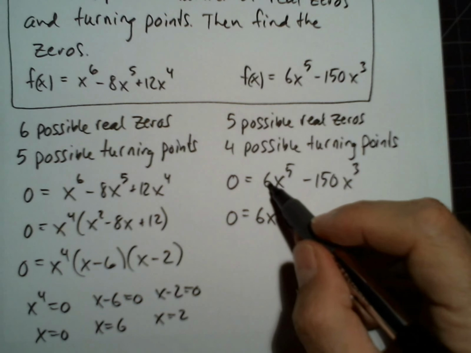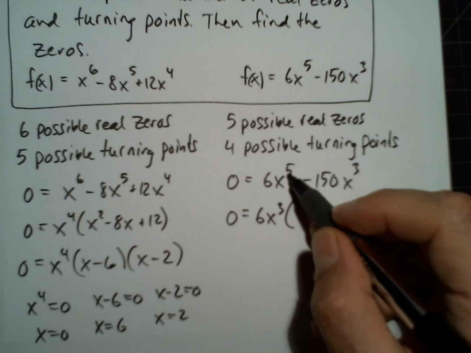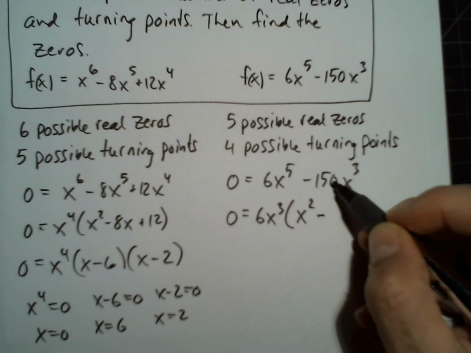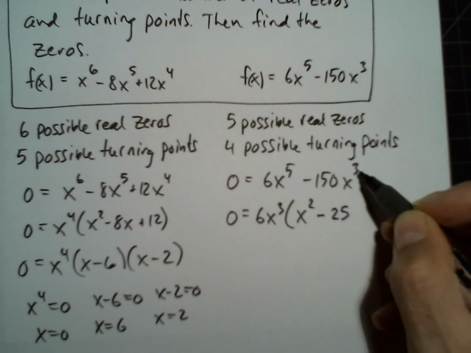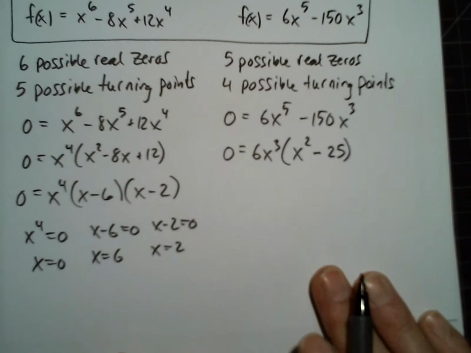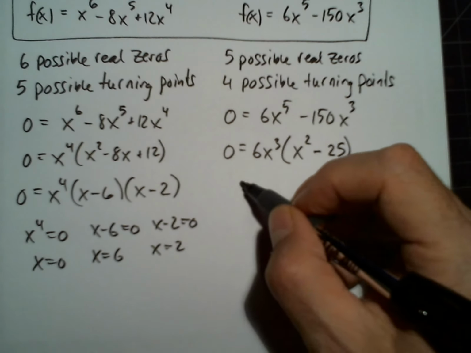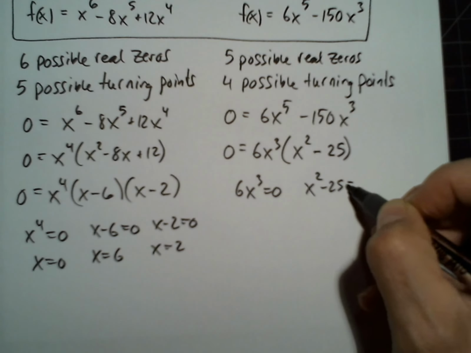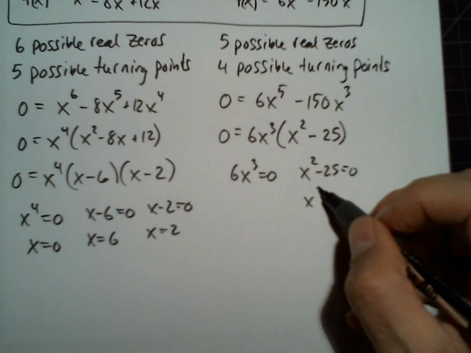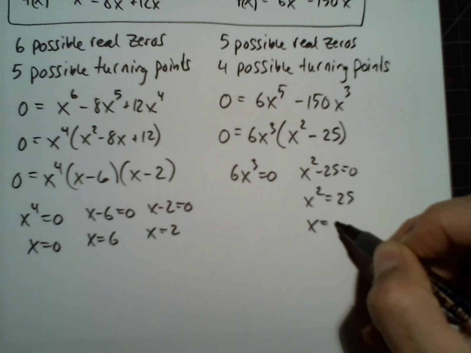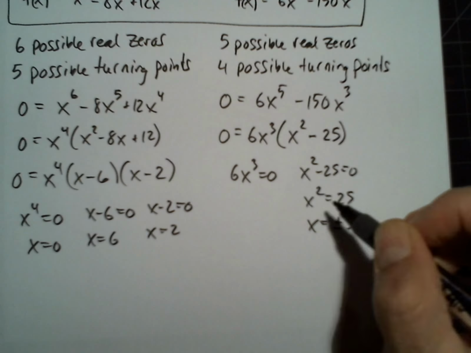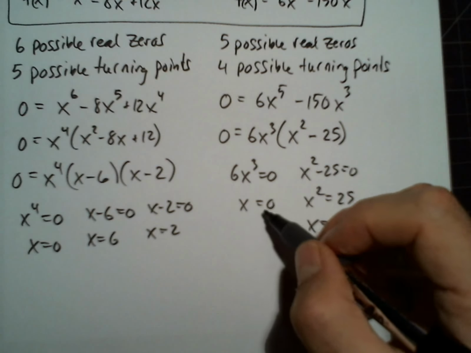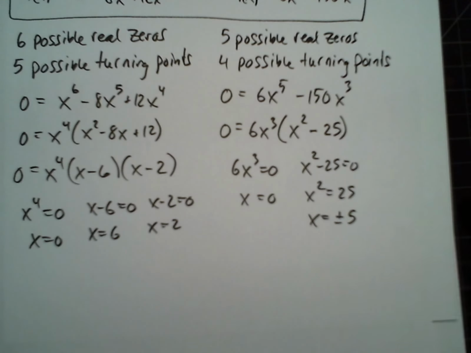If we take 6 out of this, there's a 1 left. Take x cubed out of this, and there's x squared left. Take a 6 out of this and get 25, and there's no more x cubed. So now we have this is equal to 0, and or that is equal to 0, square root both sides here. Divide by 6, cube root, and it's 0. So those are the zeros there.